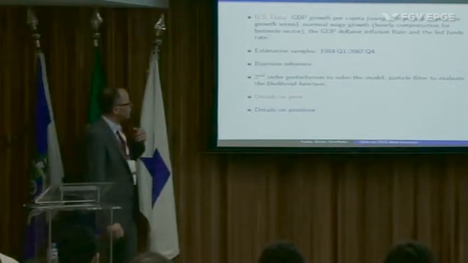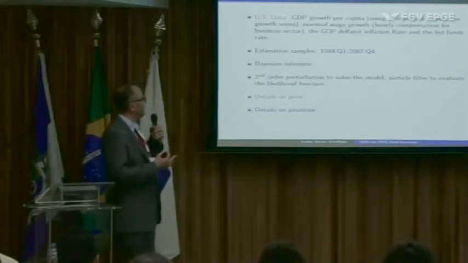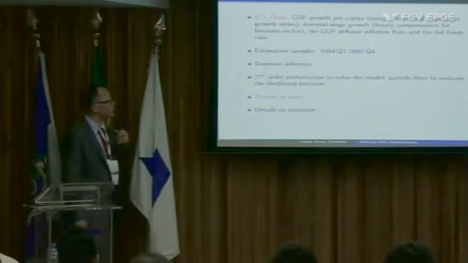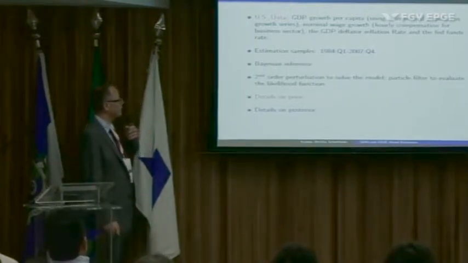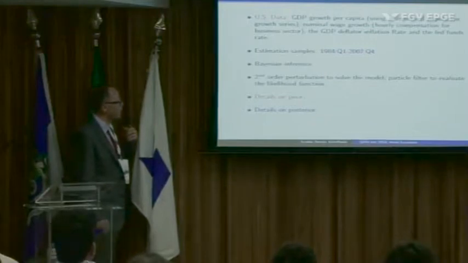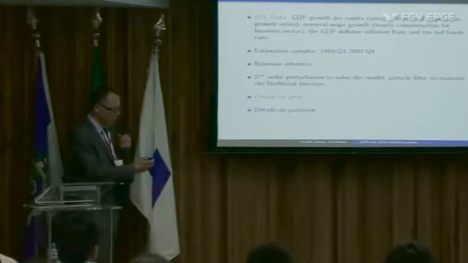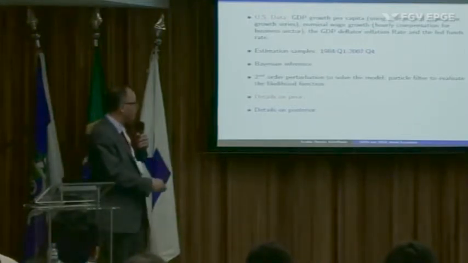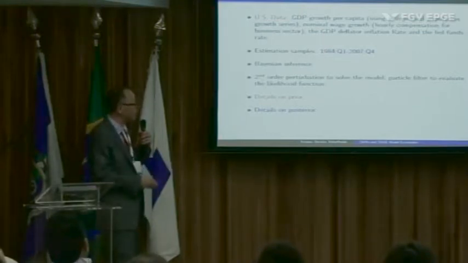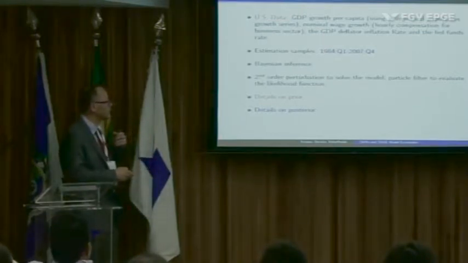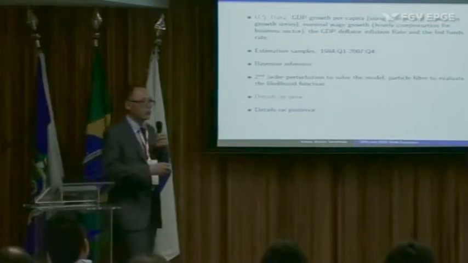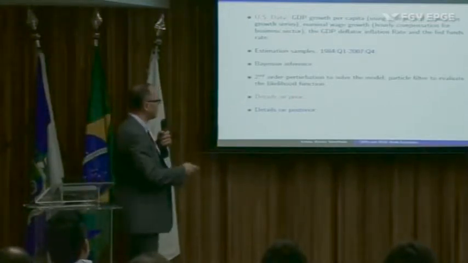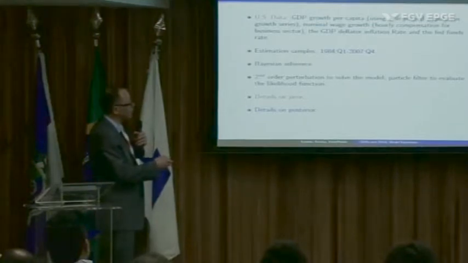So what we do then is take data: GDP growth per capita, nominal wage growth, inflation, and the federal funds rate. We pick an estimation sample. We've done a lot of different samples, but what I'll show you is 1984, so post-Great Moderation until the onset of the Great Recession.